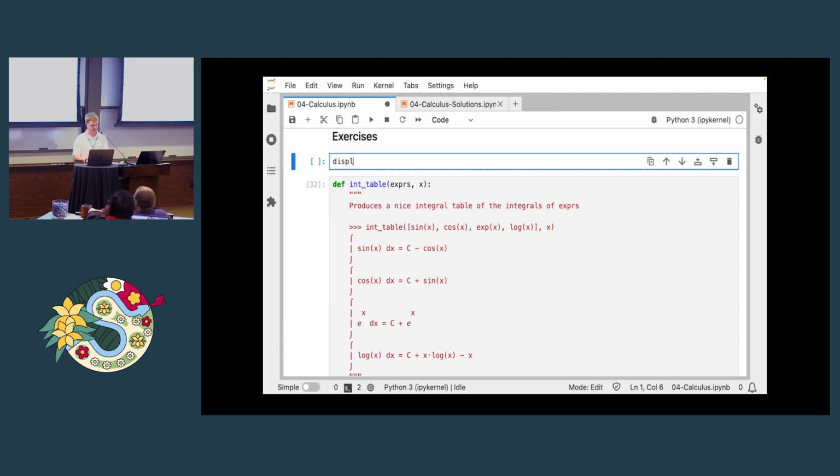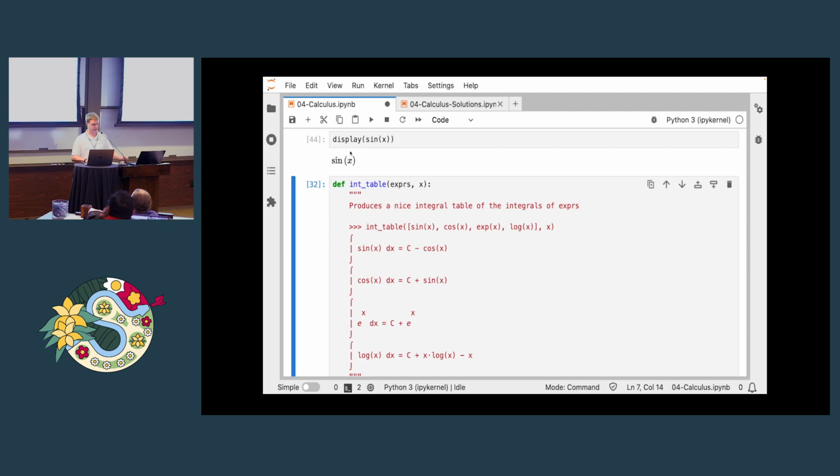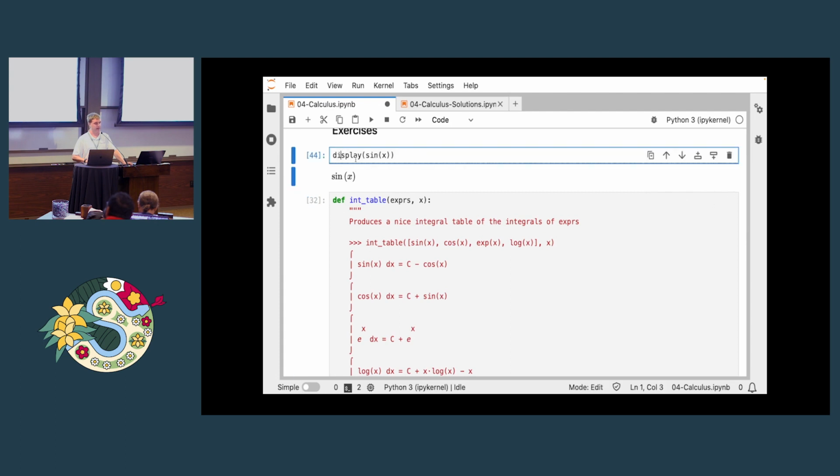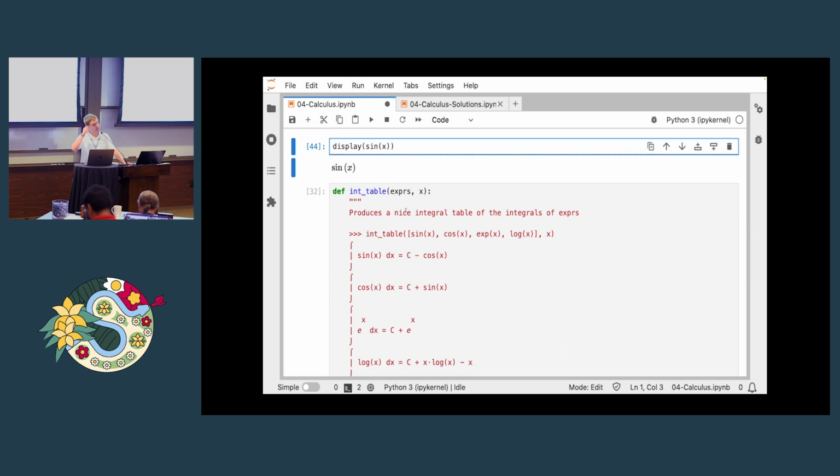Is it lowercase display? Yeah, so there's this function. This is part of IPython, or the notebook, not part of SymPy. You can use this display function inside of a function, and it'll display it in the notebook with LaTeX, or however it gets represented in the notebook.